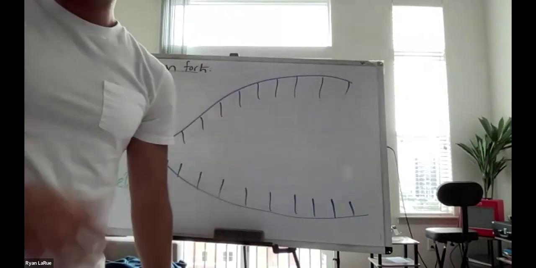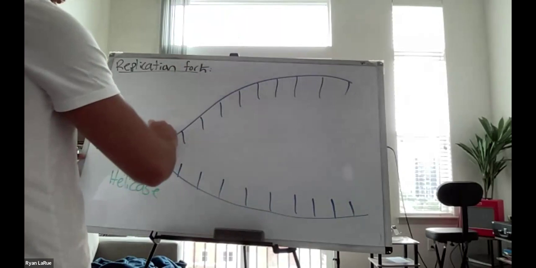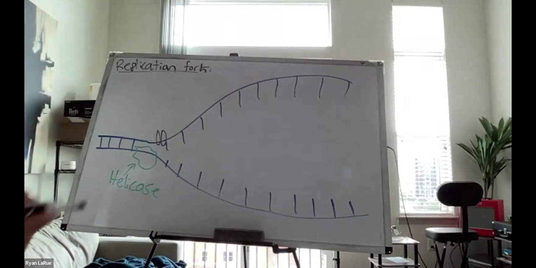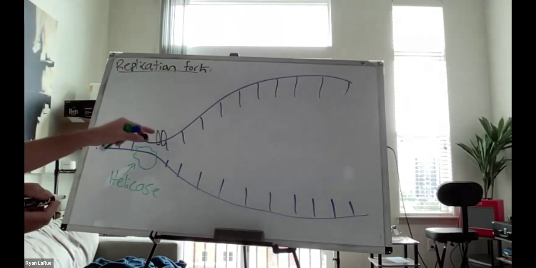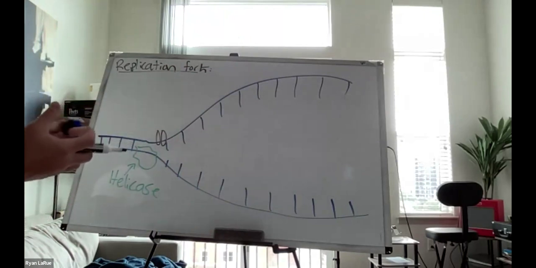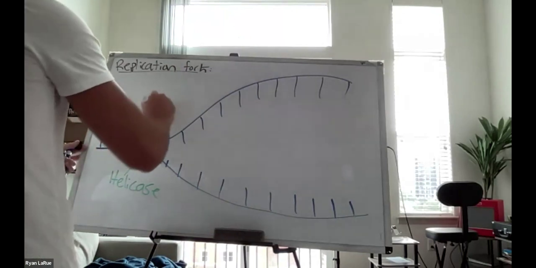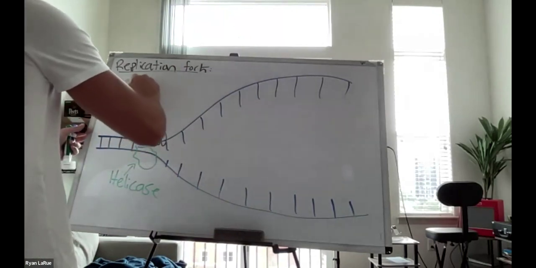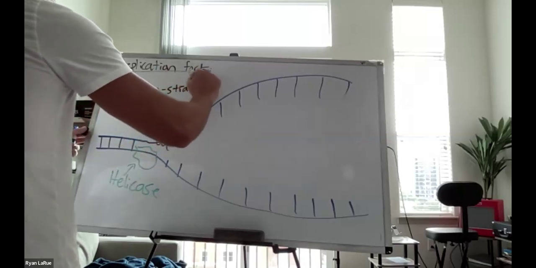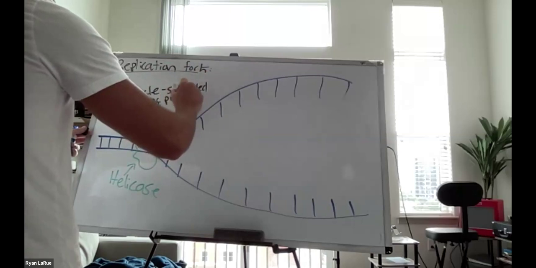So the SSBPs are little proteins that hook on, just do two, like that, to the DNA strands and prevent the strands from coming back together. So that's what they're doing. These are our single-stranded binding proteins, or SSBPs.